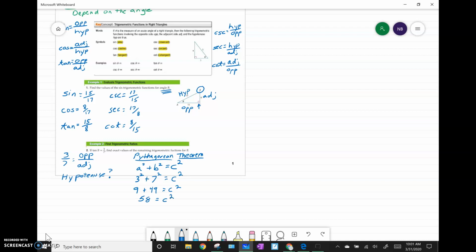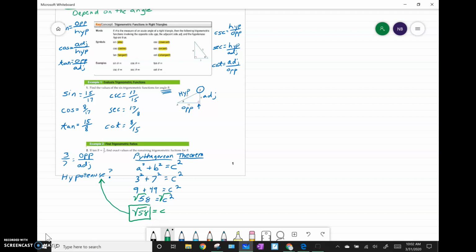Now, we can't leave it as c squared, so we're going to take the square root of both sides. And I get the square root of 58 equals c. So that means my hypotenuse is the square root of 58. Now that I have all 3 sides, I can go ahead and figure out what the remaining functions are.